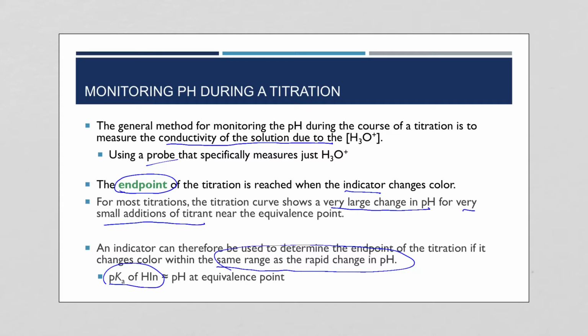And so we see that color change when the indicator changes from an acidic form to a basic form. But if we pick one where the pKa of our indicator is close to the pH at the equivalence point, we'll see when we look at a table of them that we've got a pretty good range.